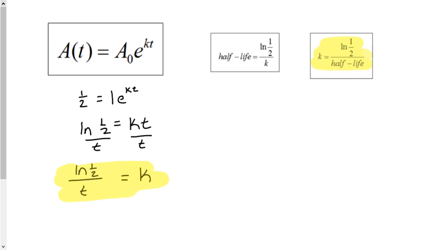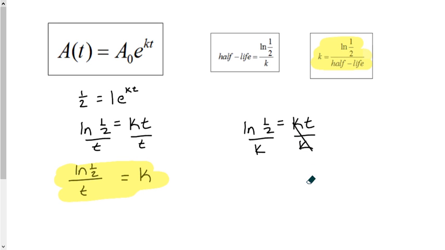And then of course back over here with this one here, instead of dividing by t, if we just come back and divide by k, then what we're going to get is t isolated.